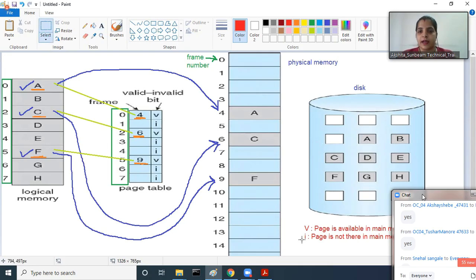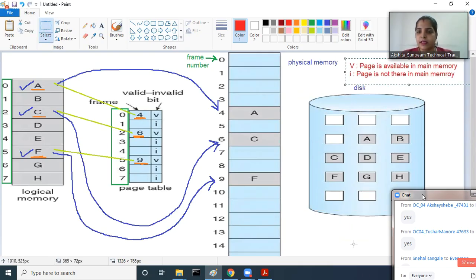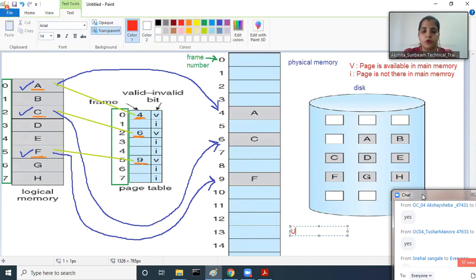Now let us understand. When you talk about the valid and invalid bit, assume the user wishes to execute B now. I now want to execute process B, or the B part. Is it available in the page table? What is the valid invalid bit entry? It is I. What does I indicate? It is invalid.